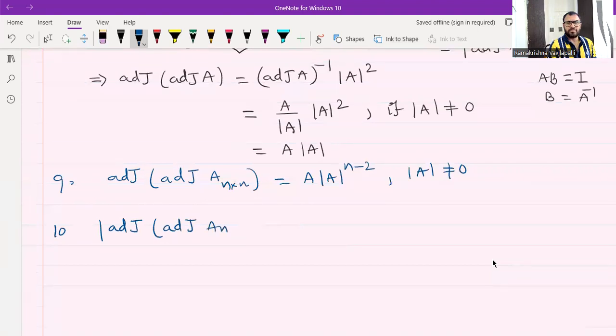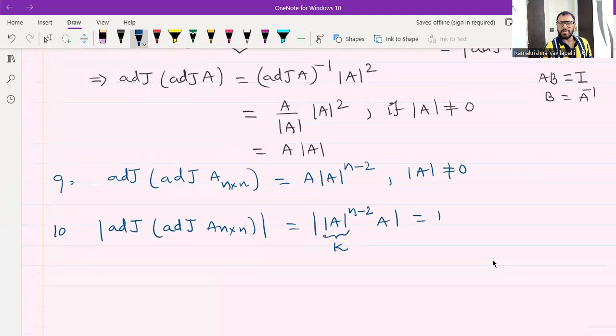for an n by n matrix is equal to the determinant of det A power n minus 2 into A. Assume this is K. Then you will get K power n.